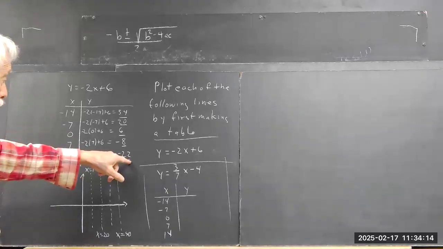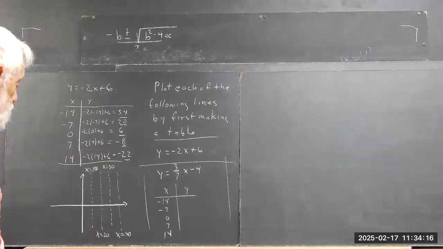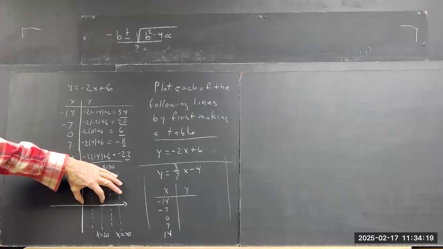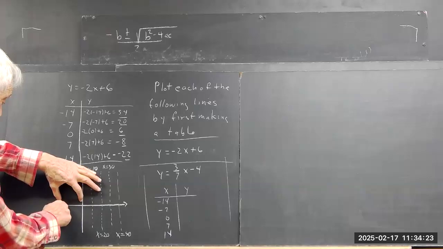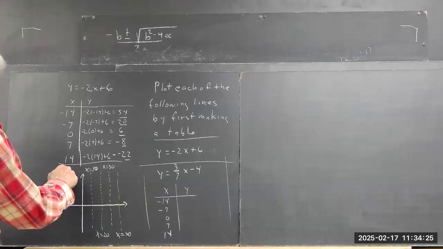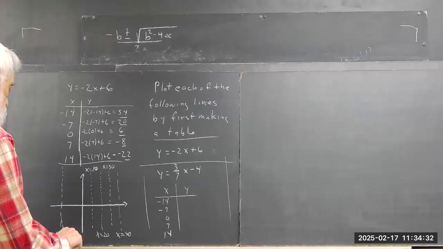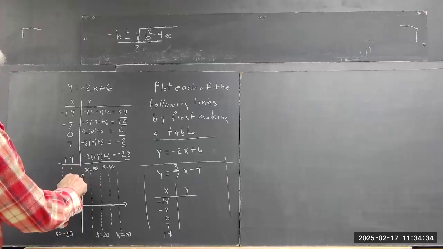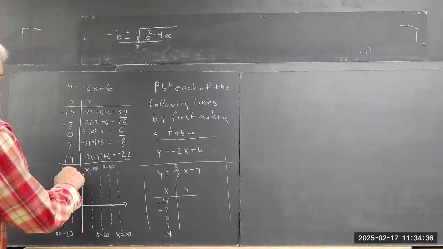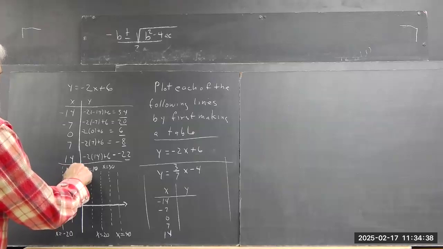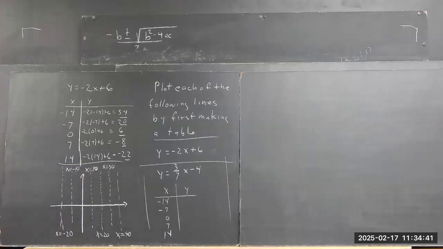Okay, then I've got to go to -22. Well, I see how big 20 is. So I go that far on the other side, and I'm going to say here's -20. And then I could put x equals -10 here. So now I've got a reasonably well-scaled graph.